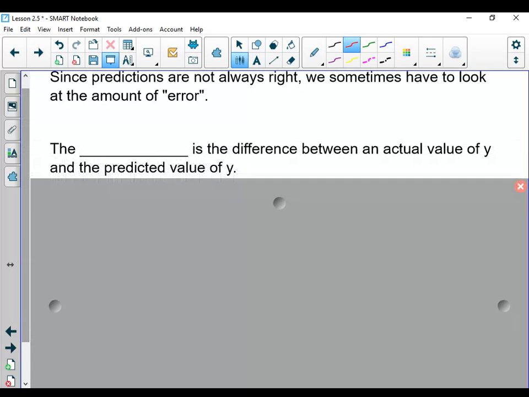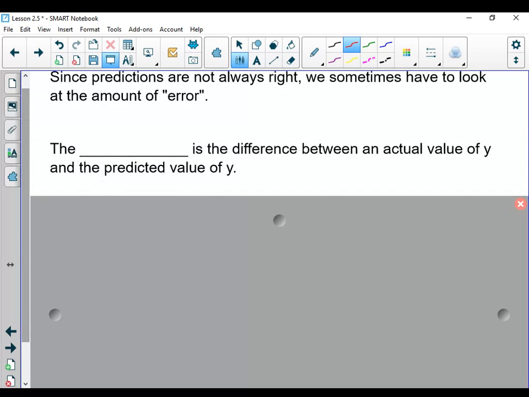Well, statistically, when we look at how much error we have, we're looking at what's called the residual. And the residual would be the difference between the actual value of y and the predicted value that we get when we look at y hat.